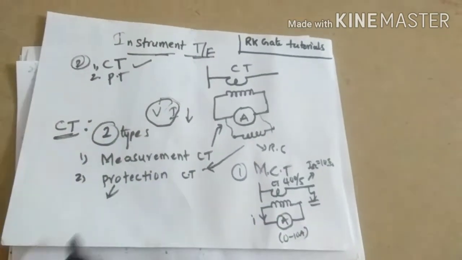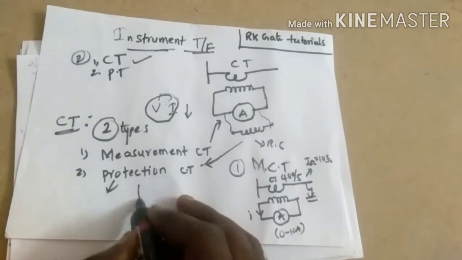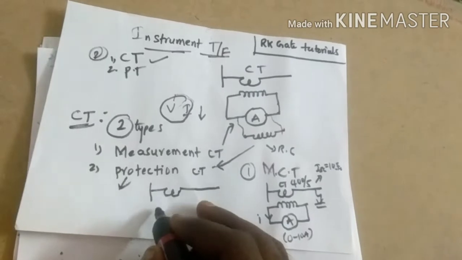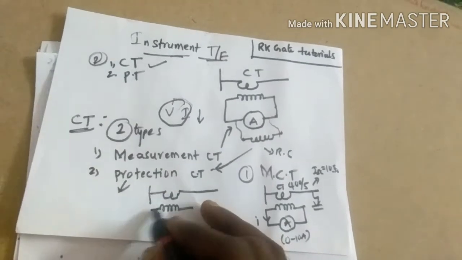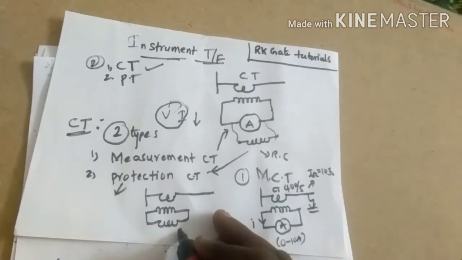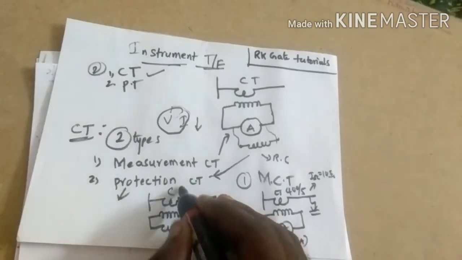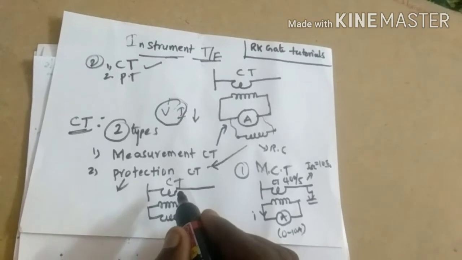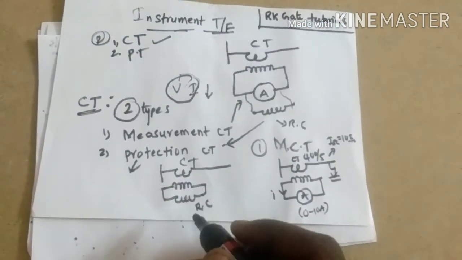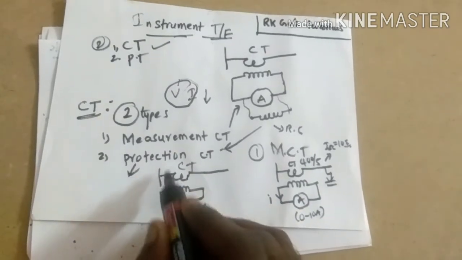Then what happens in the protection CT? Same as usual, primary and secondary of the CT. To the secondary there is one more coil, a relay coil, which is for protection purpose. This is a CT with primary and secondary of the same 400/5 rating. So what is the design of the protection transformer?